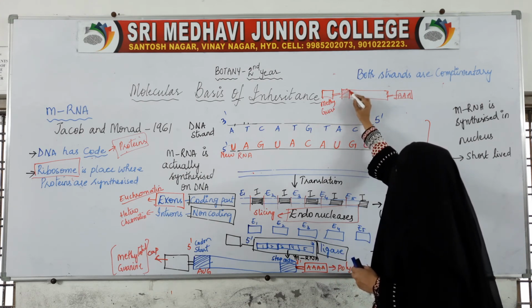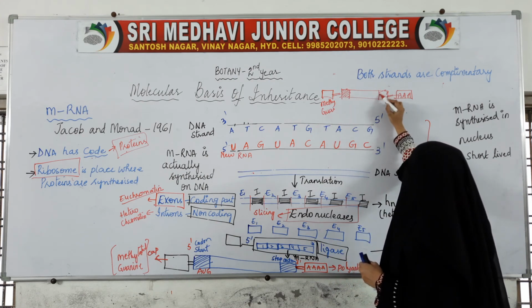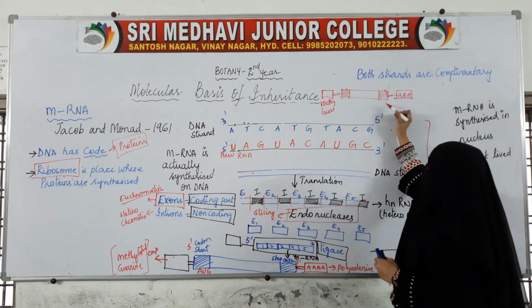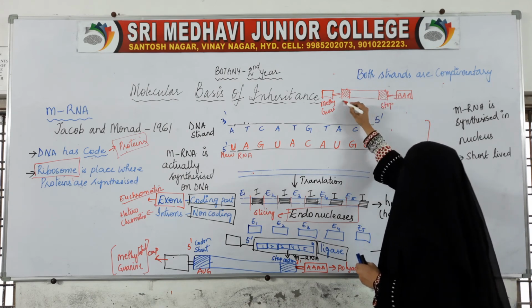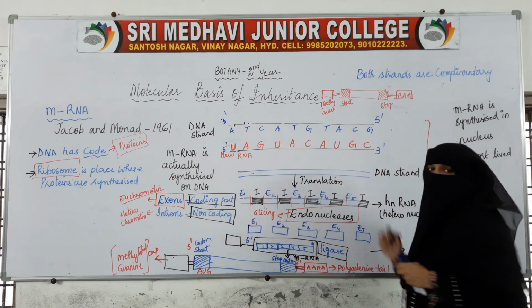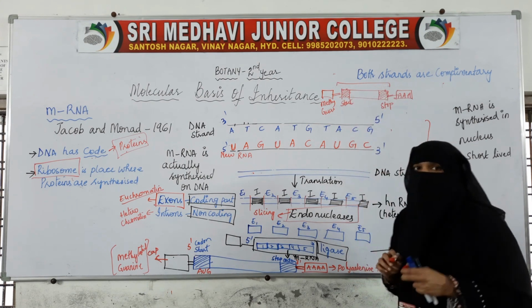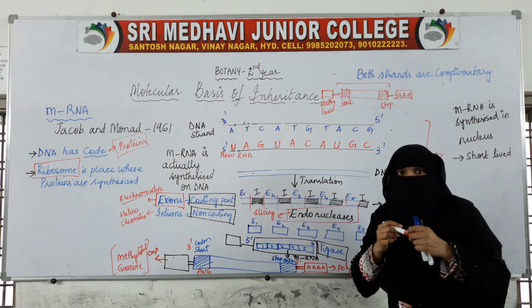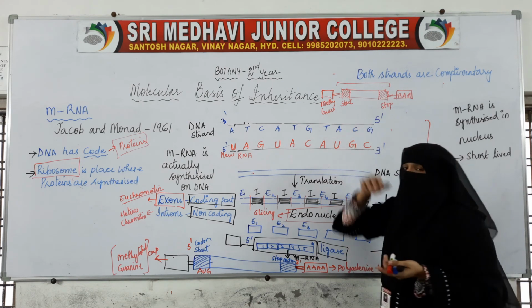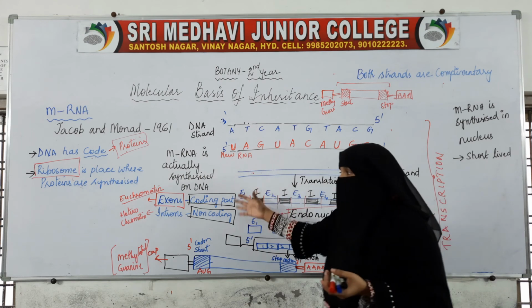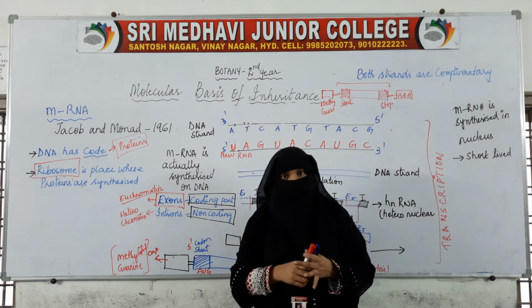This is the start of the code, the start codon. This is the end where the code is ended, that is stop. Stop and start. This is the actual part which consists of information, that is called the structural gene. So this is how the structure of mRNA is.